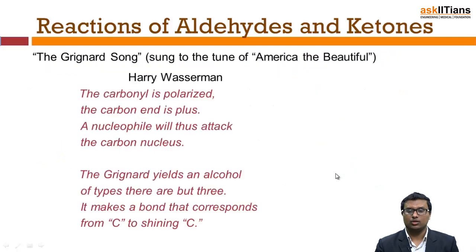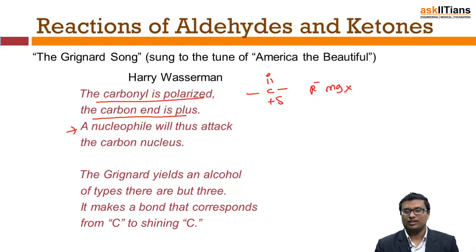So new carbon bond. Now there is a Grignard song, you know. There is actually a famous, beautiful song regarding Grignard reagent. What it says is that the carbonyl is polarized. Obviously you know that carbonyl groups are polarized, and the carbon end is partially positive, so the carbon end is plus. The nucleophile does attack, for example R minus MgX. This R minus is a nucleophile, and a nucleophile always attacks this carbon.